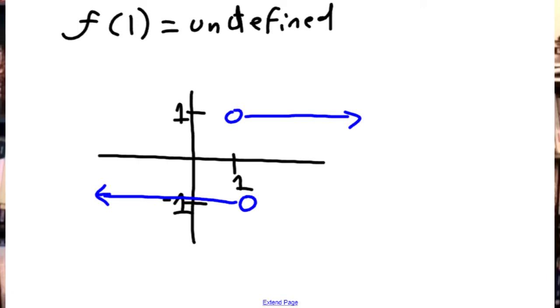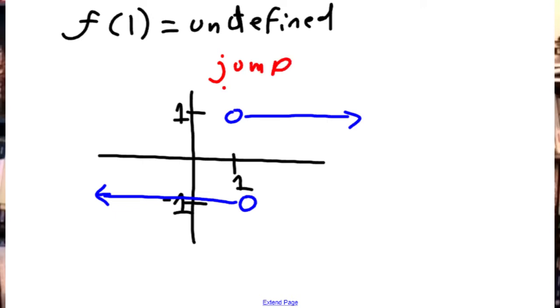Again, become accustomed to how that graph looks. Now, if we look at the limit, it's approaching two different numbers from the left and the right of 1: negative 1 from the left, positive 1 from the right. So we know that limit doesn't exist.